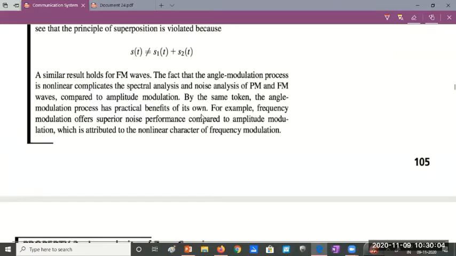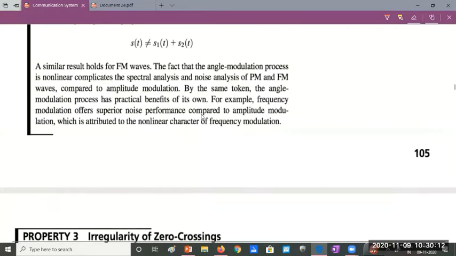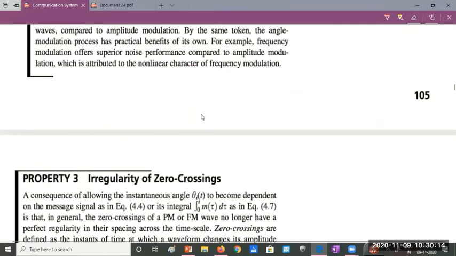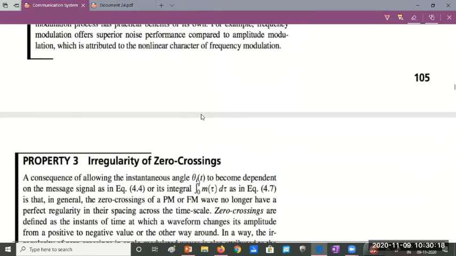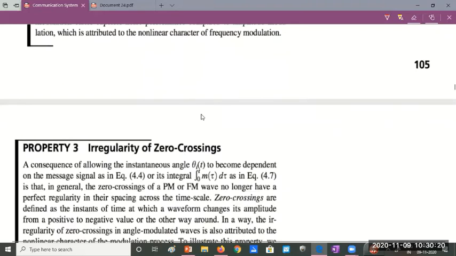Because of this non-linearity, angle modulation is better than amplitude modulation in terms of performance in noise and other things. So please remember, amplitude modulation is a linear modulation scheme, whereas angle modulation is a non-linear modulation scheme.